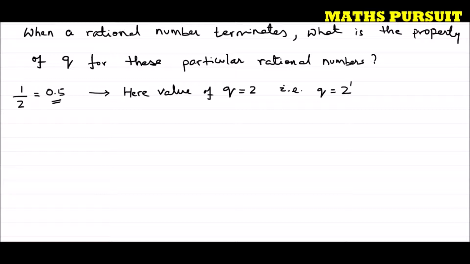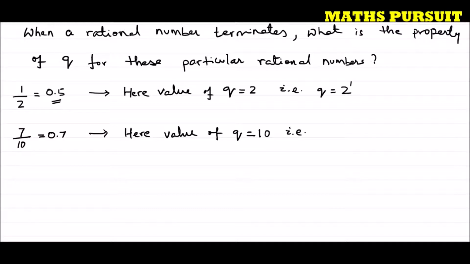Now let us consider one other example, 7 upon 10. 7 upon 10 is nothing but 0.7. Here the value of q is equal to 10, and 10 means 2 into 5.